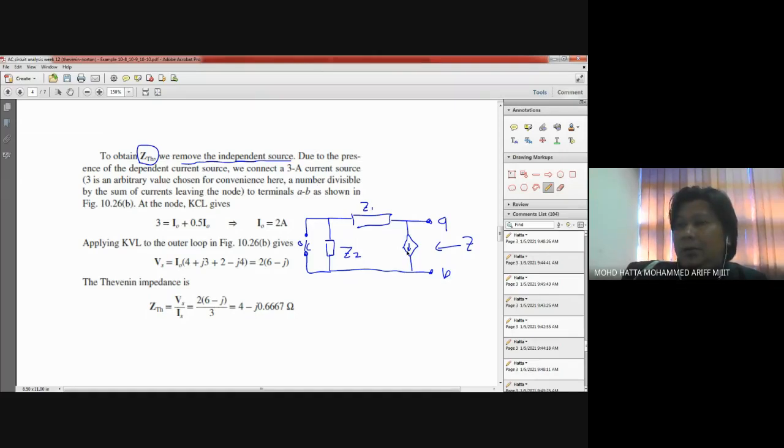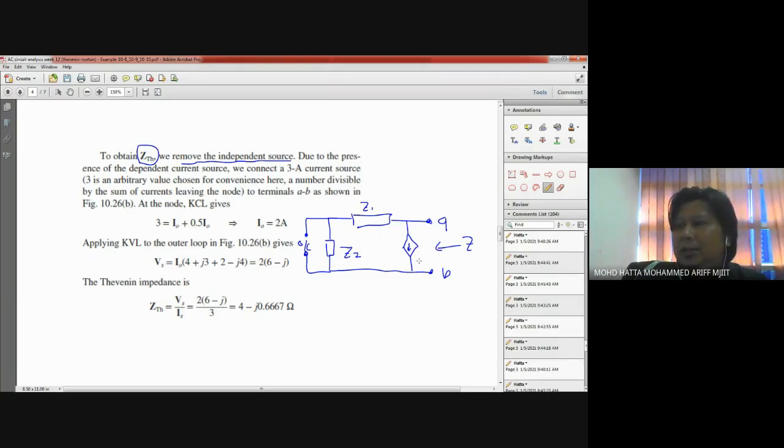Since this is also a current source, why don't we just remove that one as well? Remember that this is a dependent current source. For a dependent current source, we need to treat it a bit differently compared to the independent current source. What we need to do is keep it intact like this and try to work out the ZTH from this direction.